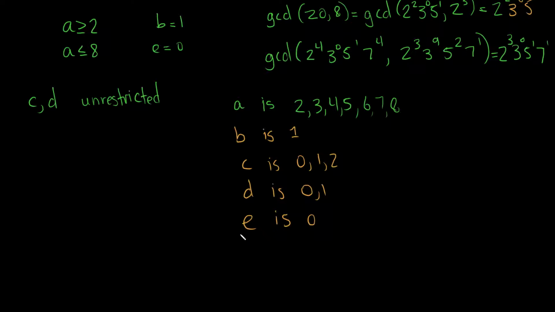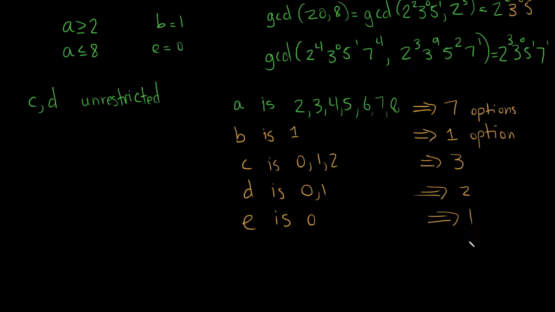And now let's look at our options. Right here, this is equivalent to saying we have 1, 2, 3, 4, 5, 6, 7 options. Interesting. 7 options. Here, on the power of b, we just have 1 option. Just has to equal 1. Here, on c, we have 3 options. On D we have 2 options, and on E we have 1 option.